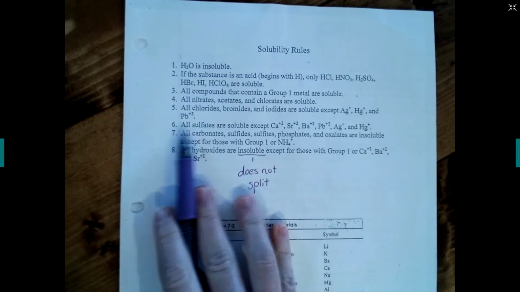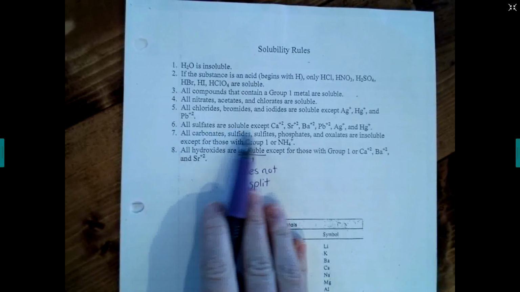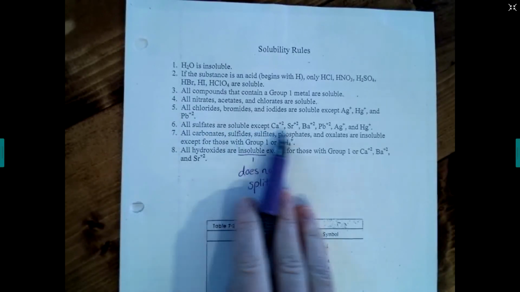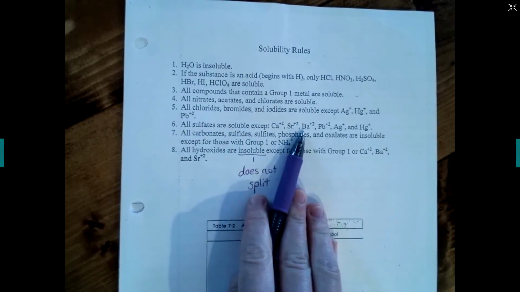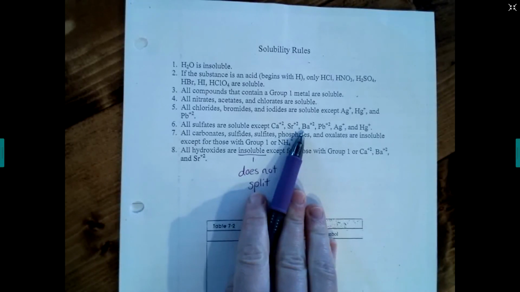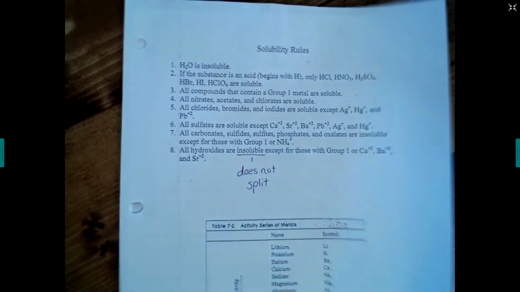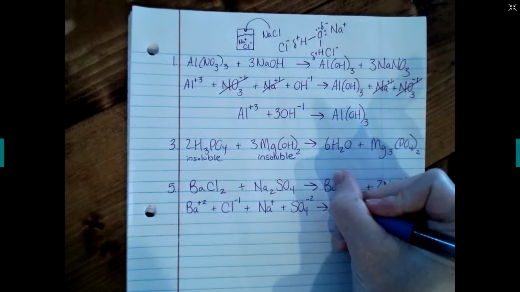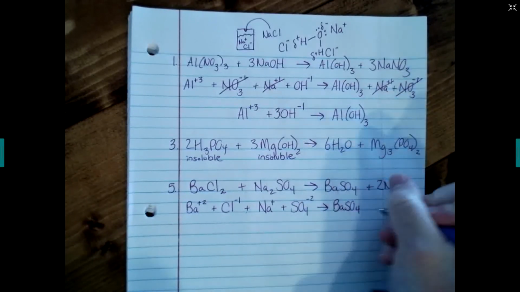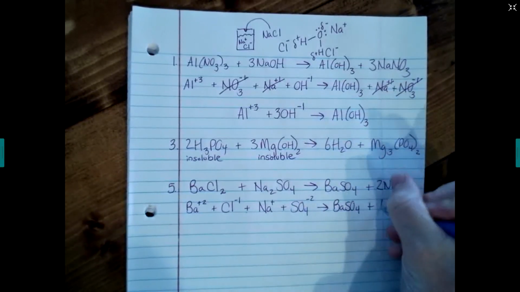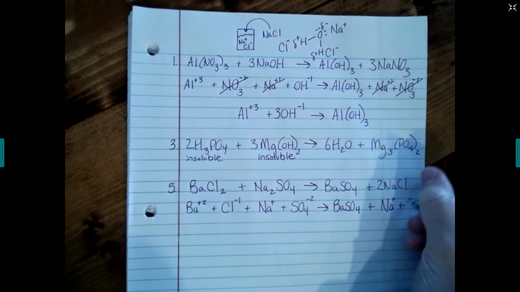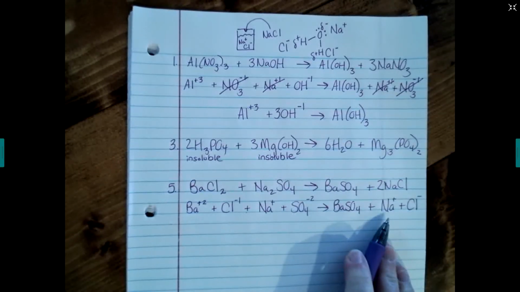It's rule number 6. All sulfates are soluble except, and look what one of your exceptions is. Barium is on the list. That means barium sulfate is not soluble in water. It will stay together. And then lastly, sodium chloride we know will split because sodium is a group 1 metal.